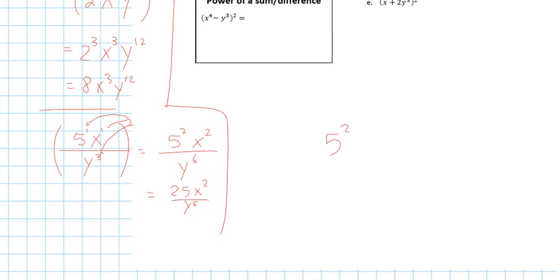So I can replace the 5 squared by 25, but that only happens if you know the number. So here, 2 cubed, I made it into an 8 because 2 cubed is 2 times 2 times 2, which is 8. I can evaluate this, I can find the answer for them and simplify it. But the letters I can't. I have to leave them up. So you only do it for the number. Correct.